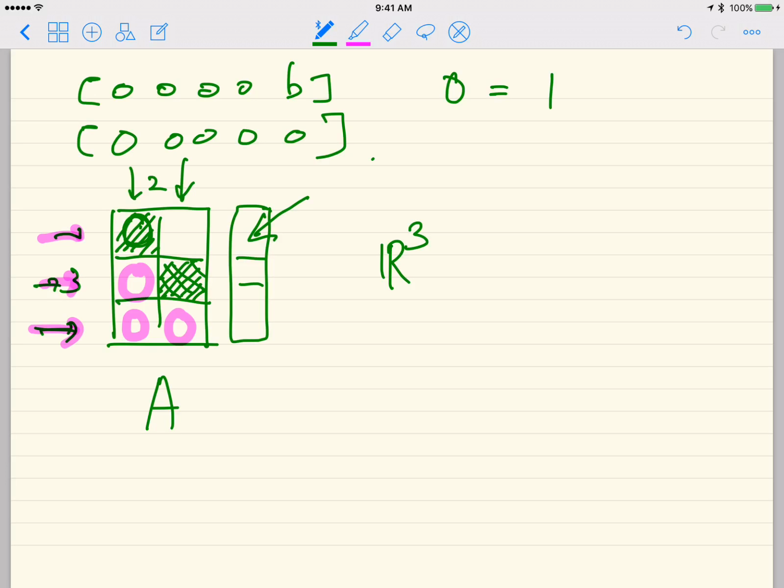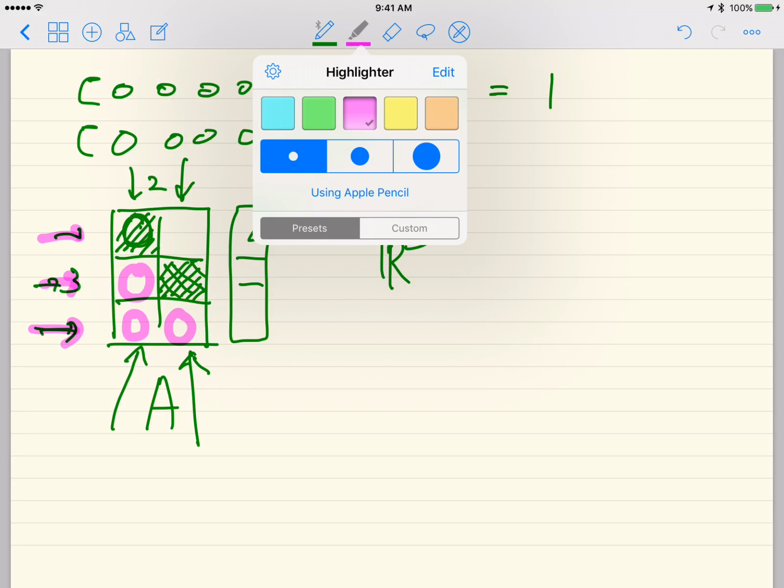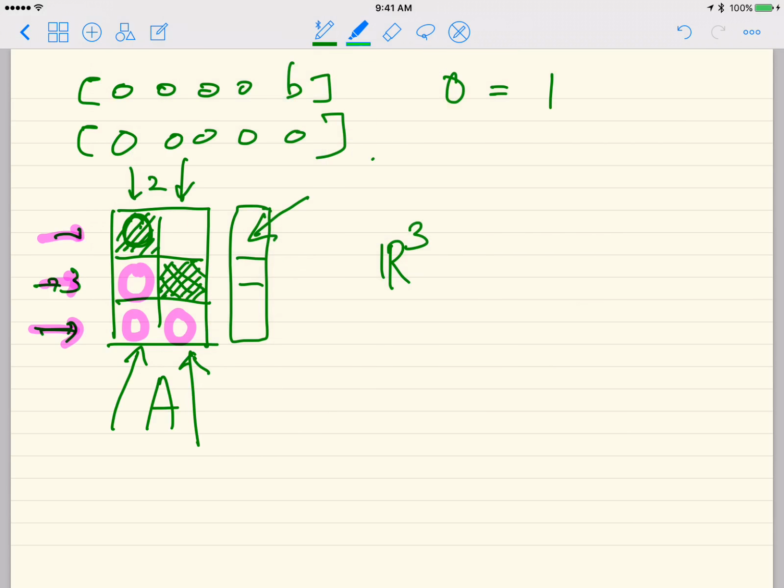And then, what kind of span should we consider? The span should involve those two vectors, this one and this one. So we have two vectors that we use to span, right, to consider all the possible linear combinations of these two vectors, and those two vectors cannot fill up the entire three-dimensional space.